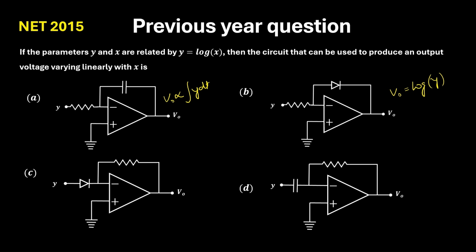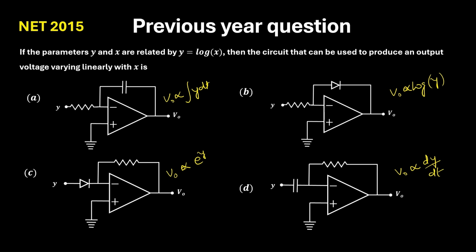What about the third circuit? This is an anti-log, so V naught will be directly proportional to e to the power y. What about the fourth circuit? The fourth circuit is a differentiator circuit, so V naught will be proportional to dy by dt.